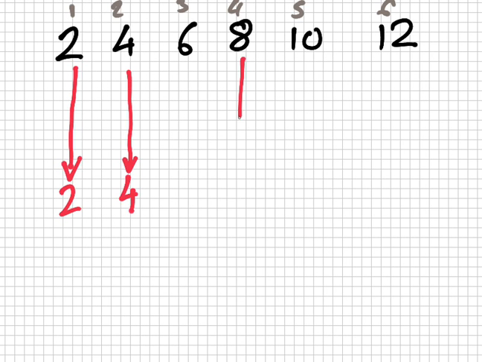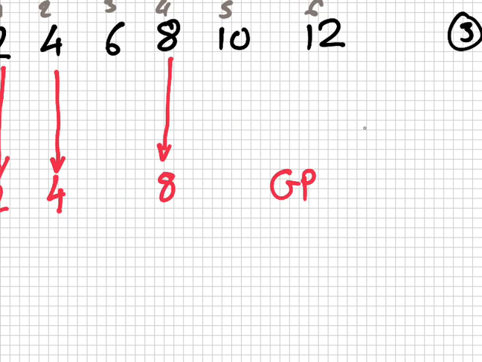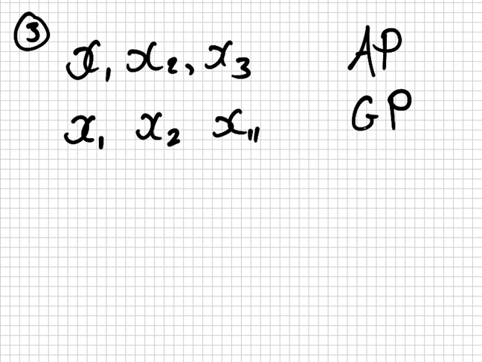And the fourth term is 8. What type of sequence is this? It's GP. What's the A? 2. And the R? 2. So what's happening here is they give you an arithmetic sequence and they tell you that if you take out these 3 numbers and make a new sequence, that sequence is geometric. This is what's happening. So if I go back to the question now, we're told that we have an arithmetic sequence, but the first, second, and 11th term is geometric.